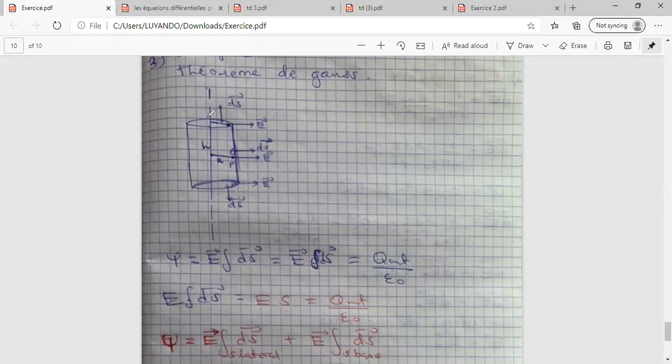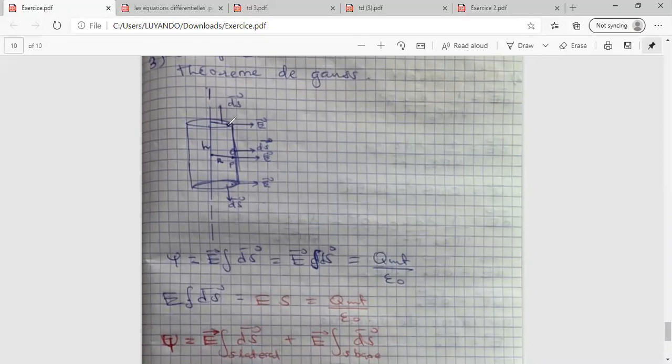Here this is a cylinder. A cylinder has the bases and the sides. On the base, the dS is perpendicular to the base, so we're going to have the dS vector moving in the vertical direction.